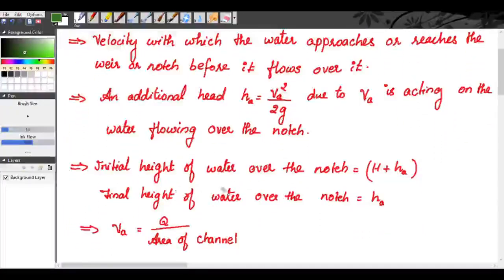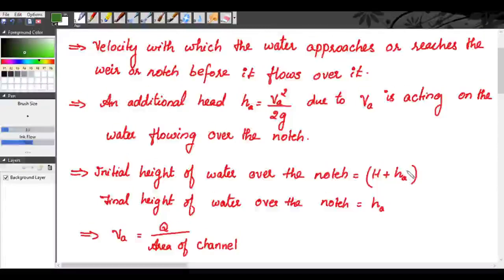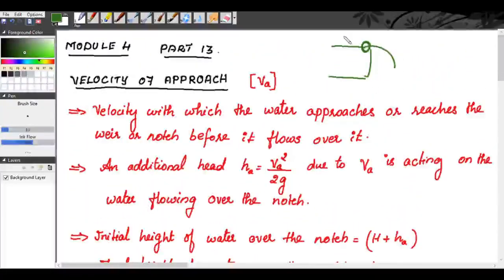Now the initial height of water over the notch will be H plus HA, so the total head over the notch will be equal to H plus HA.